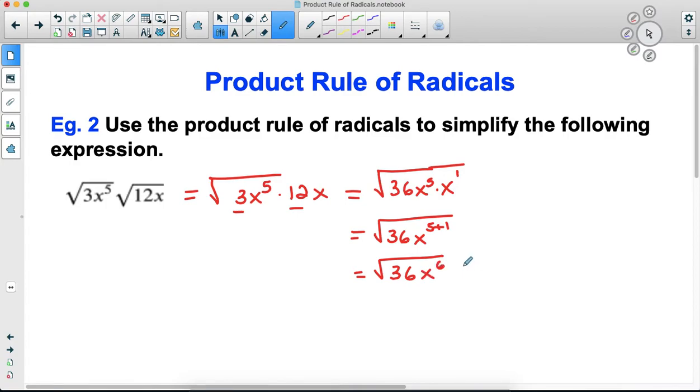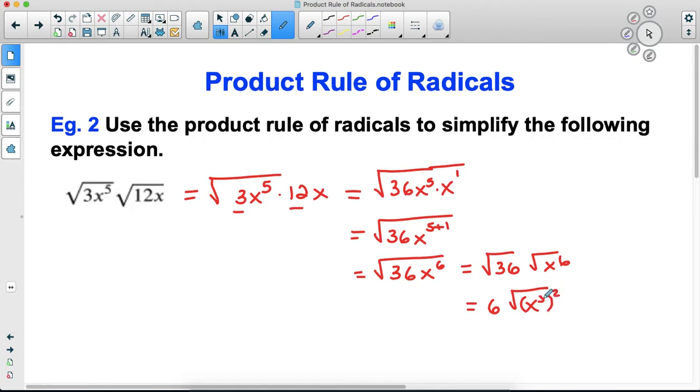Now, this time around, we're going to change the radical of the product to the product of radicals. So we can say this is the same as the square root of 36 times the square root of x to the 6. And notice the square root of 36 is 6, and the square root of x to the 6, we're going to write it as the square root of x to the 3rd squared.